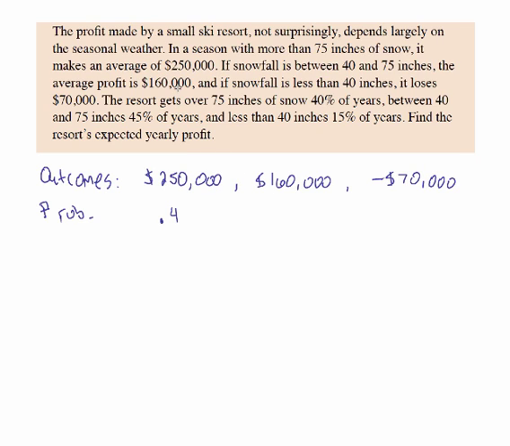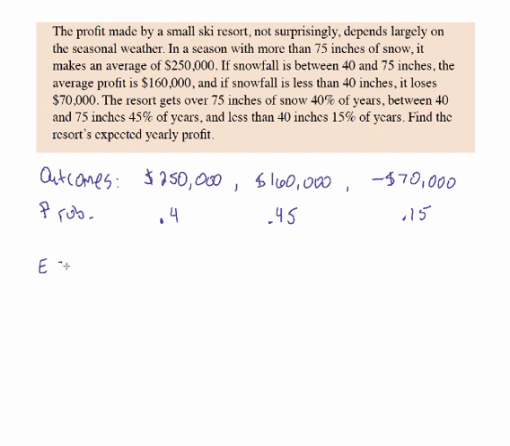The outcome of positive $160,000 was snowfall between 40 and 75 inches, and we're told that happens in 45% of the years, which would give me a probability of 0.45. The loss happens if snow falls less than 40 inches, which I'm told happens in 15% of years, giving me a probability of 0.15.